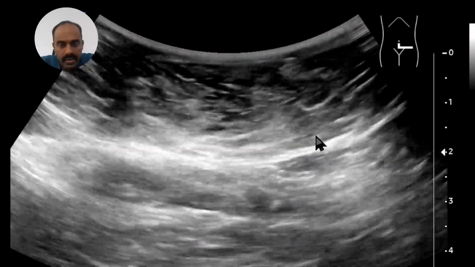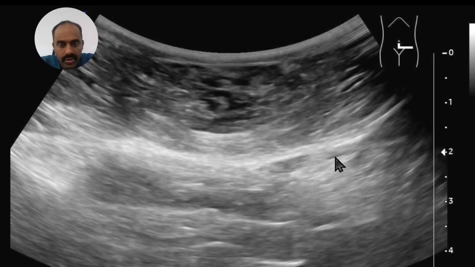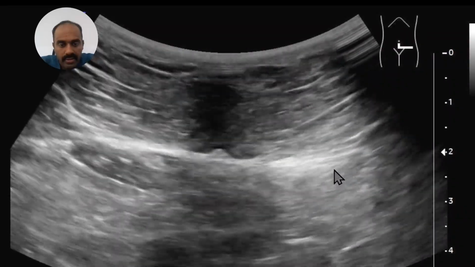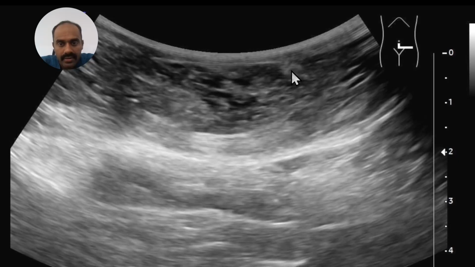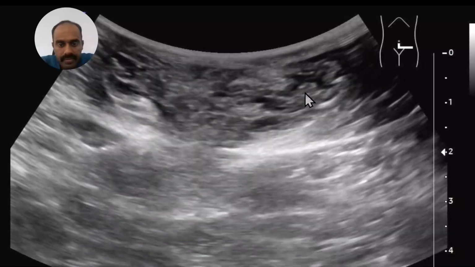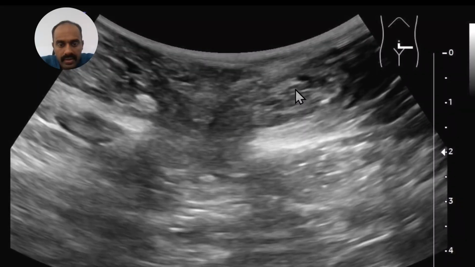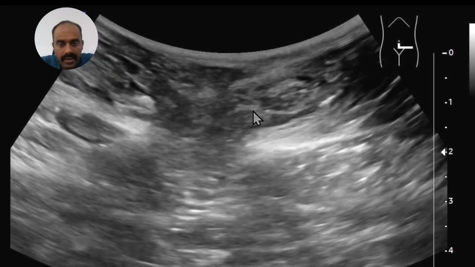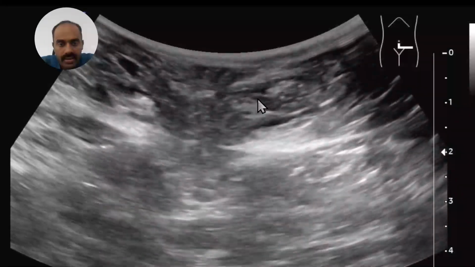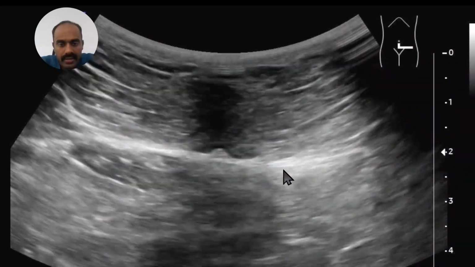If you carefully look at the margins, you would actually be able to delineate the hernial sac. So if you see here, you can clearly see there is a distinct appearance of the fat that is herniated from the abdominal cavity into the subcutaneous plane. So this is the defect, and this entire thing out here is the hernial sac in the subcutaneous plane.